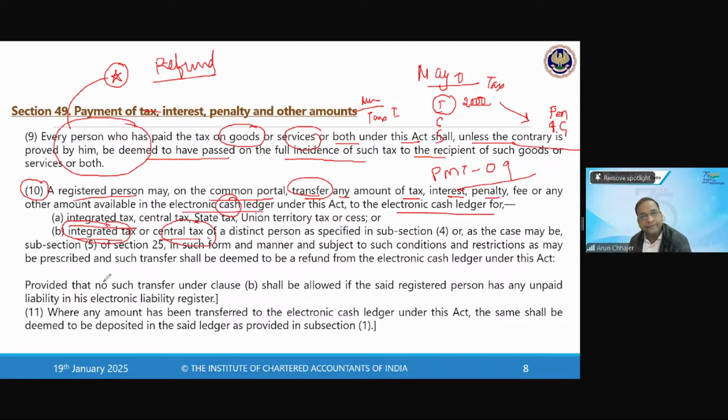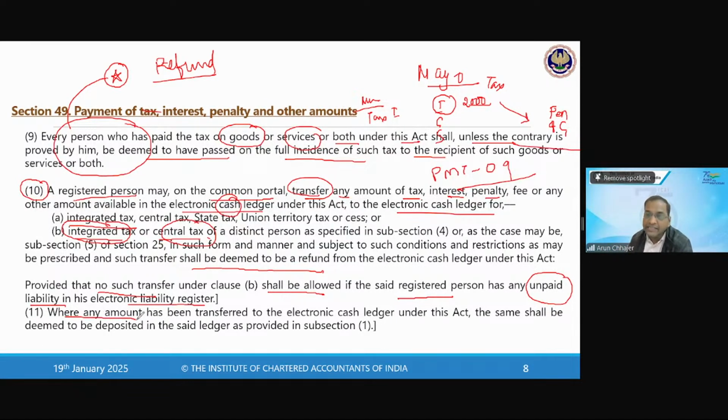And they are saying this transfer will be deemed to be a refund from the cash ledger. No such transfer shall be allowed if the registered person has any unpaid liability in the liability register. तो कोई भी रिफंड नहीं दिया जाएगा if you have the liability.